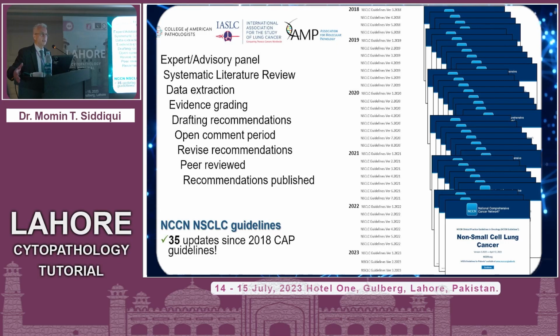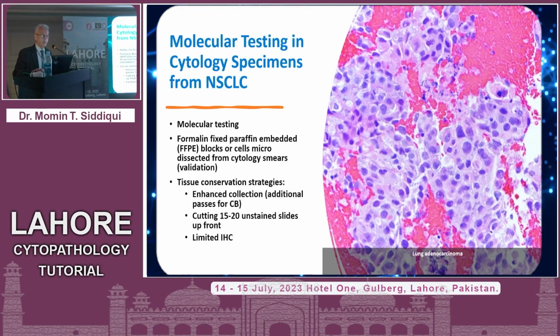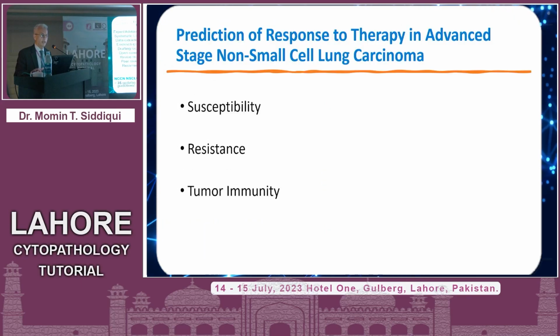But again, your job over here, going to the previous slide, is to provide them with a very good sample so that after tissue conservation is applied, you get at least 15 to 20 unstained slides that you can submit for molecular testing and further treatment that may be applied for those cases.